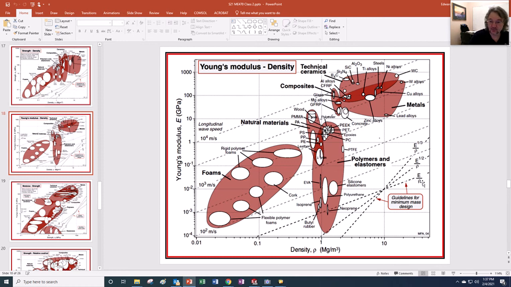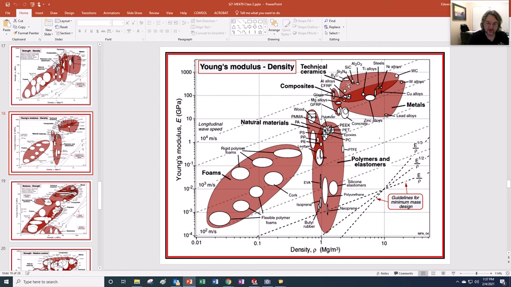E over rho is our specific stiffness that we use as our design guideline. We would take that and translate it up and down to try to find lines, and you can even see the lines are actually drawn for us in here.